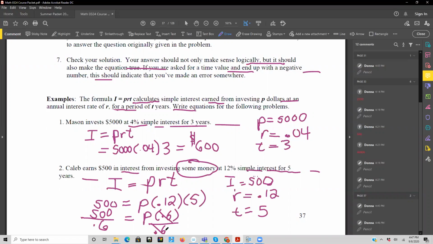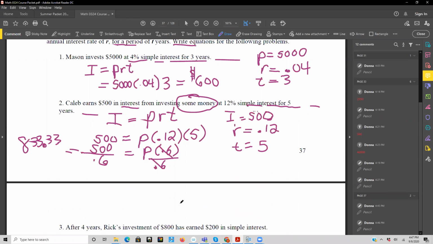So 500 divided by 0.6, I get $833. Really? Oh, because it's 12% interest. $833.33. Okay, and I can check that. If I multiply that by 0.12 and 5, I should get 500. So I do that times 0.12 times 5, and I get $500. Okay, all right, so there we are.